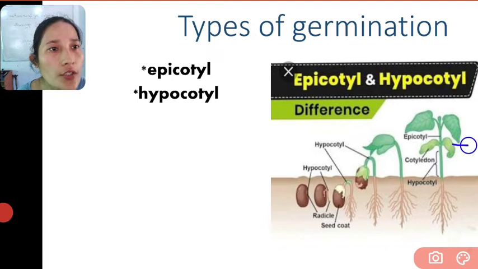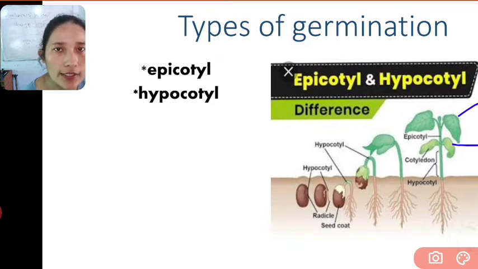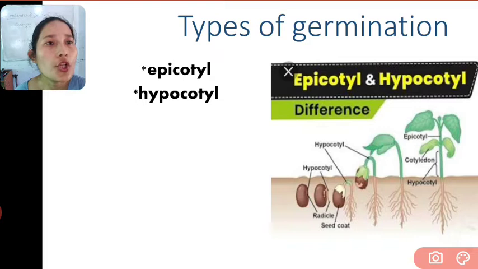This one is referring to your cotyledon. The region above the cotyledon, between your plumule and your cotyledon, is called epicotyle. And the region below your cotyledon is referred to as your hypocotyle. I hope it's clear now, the difference between epicotyle and hypocotyle.